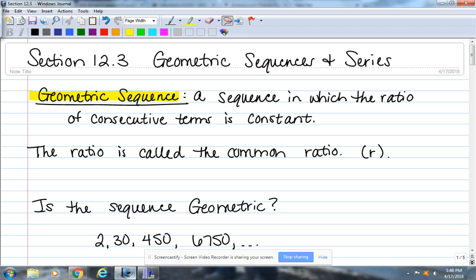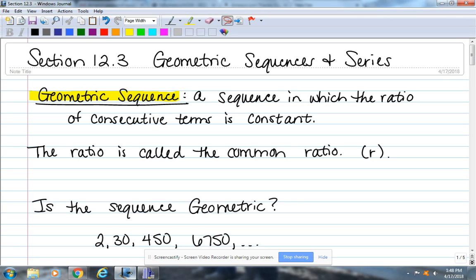Okay, so yesterday we talked about arithmetic sequences and series. And remember, it's arithmetic if you have a common difference that you add or subtract every time to get to the next term in your sequence. Okay? A geometric has a common ratio. That means you multiply or divide by the same number.